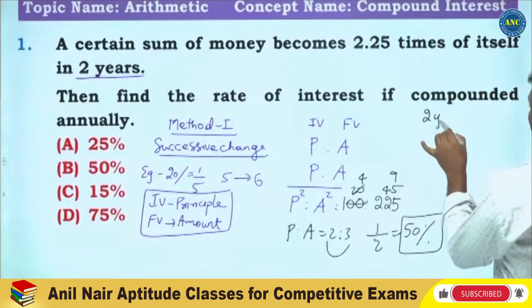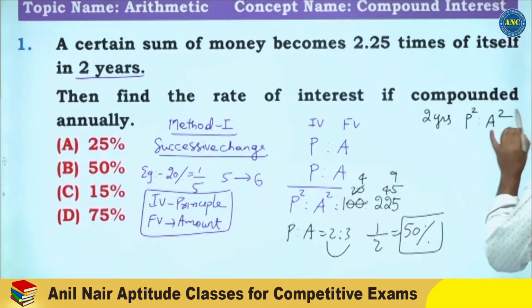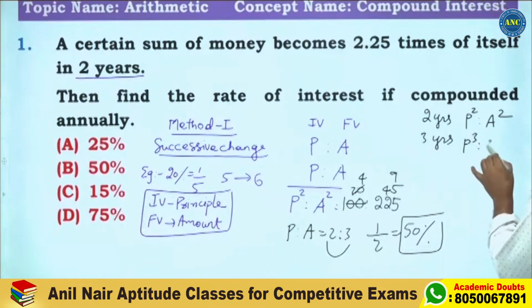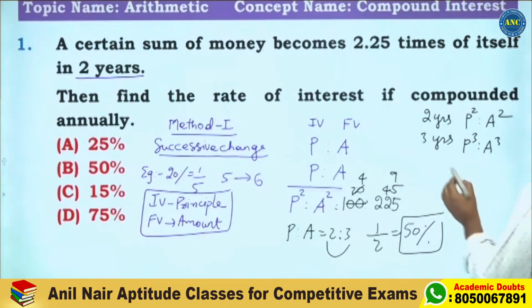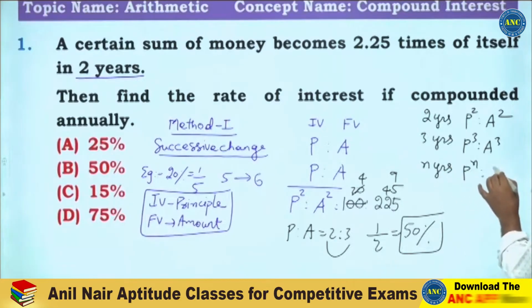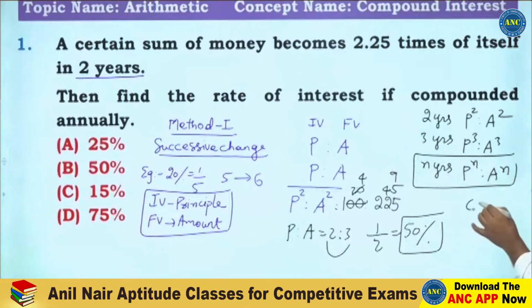The idea is to give you, from now onwards: if it is 2 years, this will become P square is to A square. If it is 3 years, it will become P cube is to A cube. If it is n years, this will become P power n is to A power n. I will use this in some problems in the upcoming time.